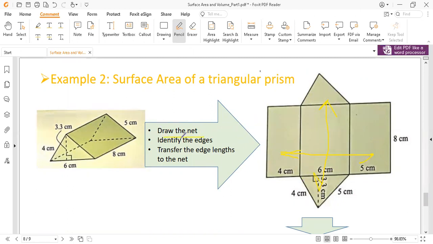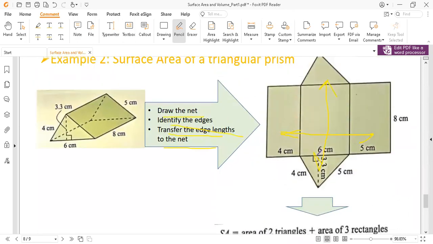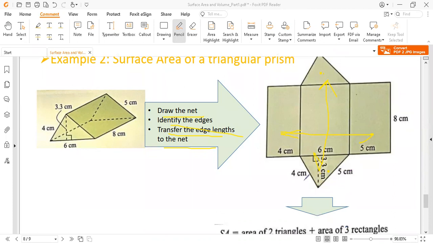Also, we can draw the net, identify the edges, and transfer the edge lengths to the net. It's clear to see that we don't have any congruent faces, but only the triangles are congruent.